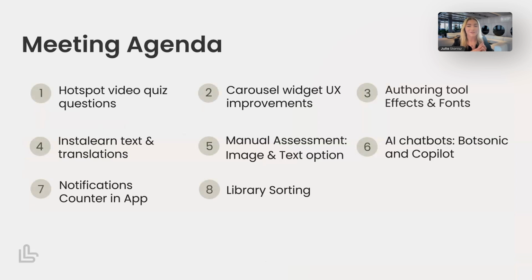Then we'll cover a small update to the install-learn feature and manual assessment, and we'll cover as well new exciting integrations for AI chatbots. And we'll wrap up with the notifications counter in app, as well as library sorting. So quite a few nice features to discuss today. So we hope you'll enjoy the webinar.